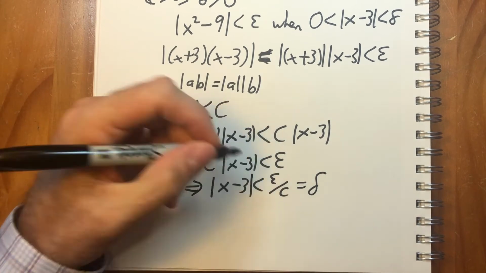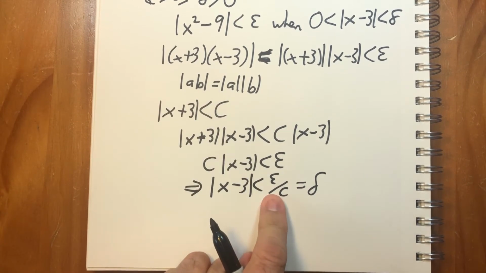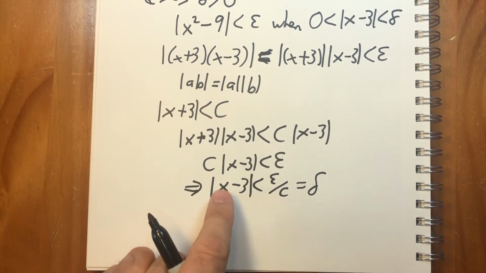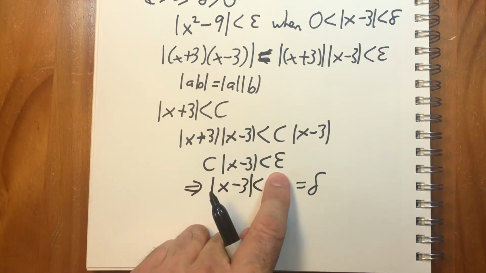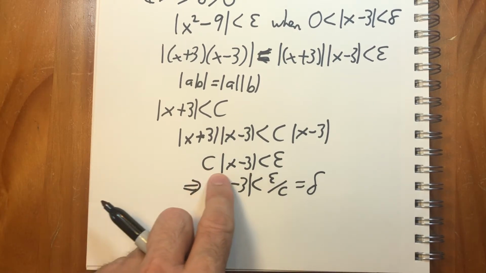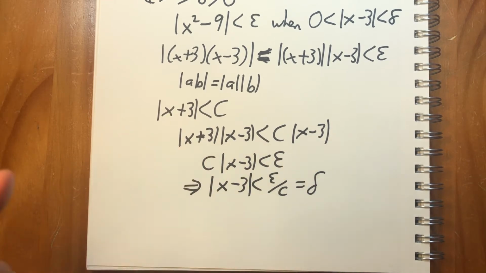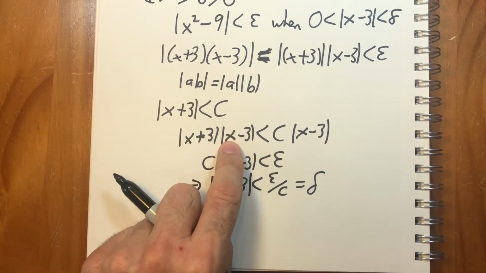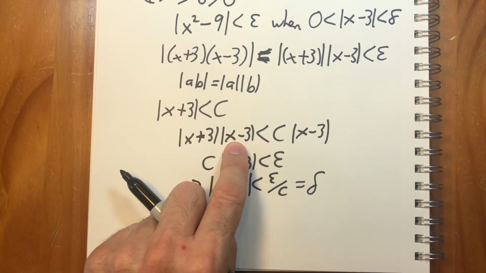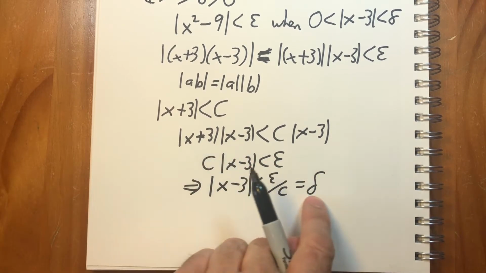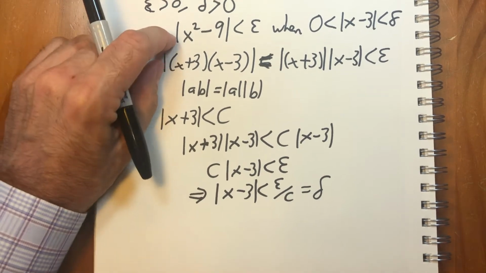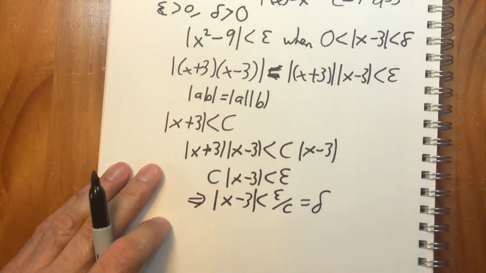So now we know that if delta equals epsilon divided by c, then c times |x minus 3| will be less than epsilon. And we picked c so that c times |x minus 3| is larger than |x plus 3| times |x minus 3|. So this will work to show that |x squared minus 9| is less than epsilon.